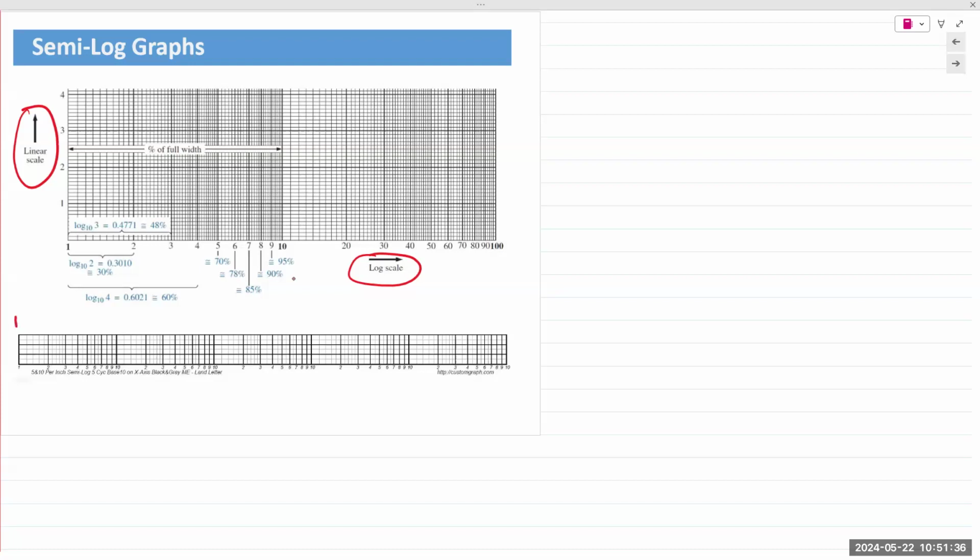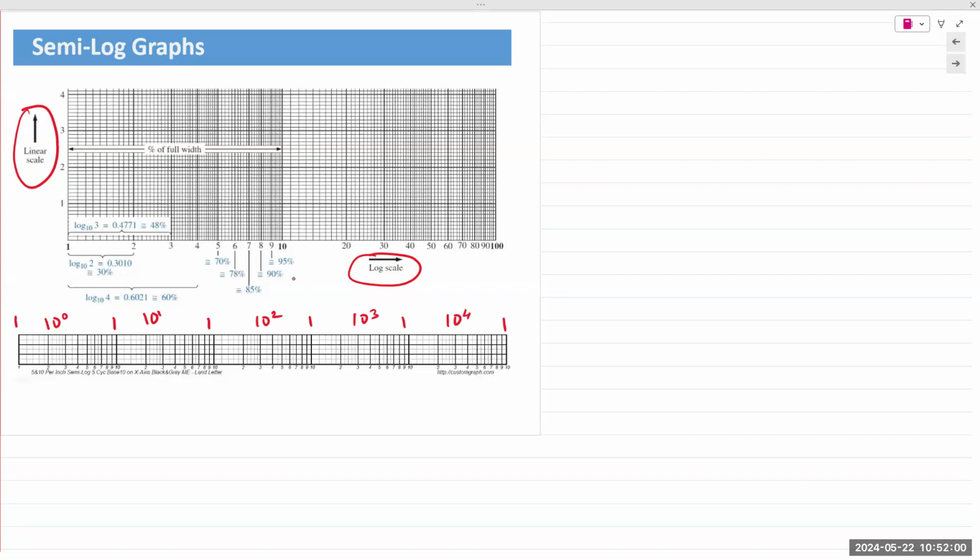So each division that you see here has a multiplier. That multiplier could be anything, depending on the range you need to plot. You can start with 10 raised to 2 if you wish. Let's say if I start with 10 raised to 0, 10 raised to 1, 10 raised to 2, 10 raised to 3, and 10 raised to 4.